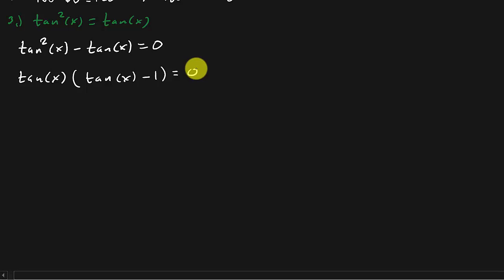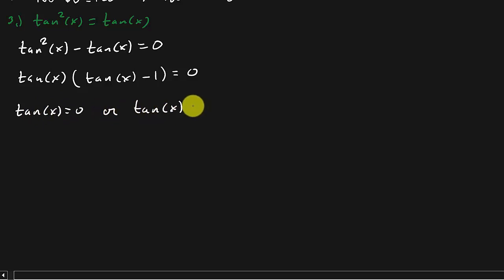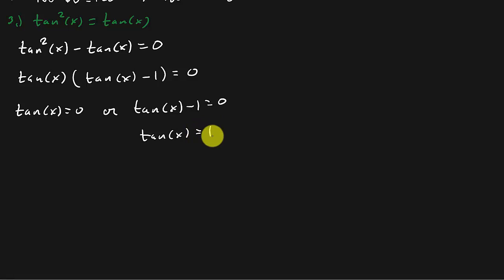Now I just take each factor and set it equal to 0. So I've got tangent x equals 0, or tangent x minus 1 equals 0, which is tangent x equals 1. Now we're finding all the solutions between 0 and 360.